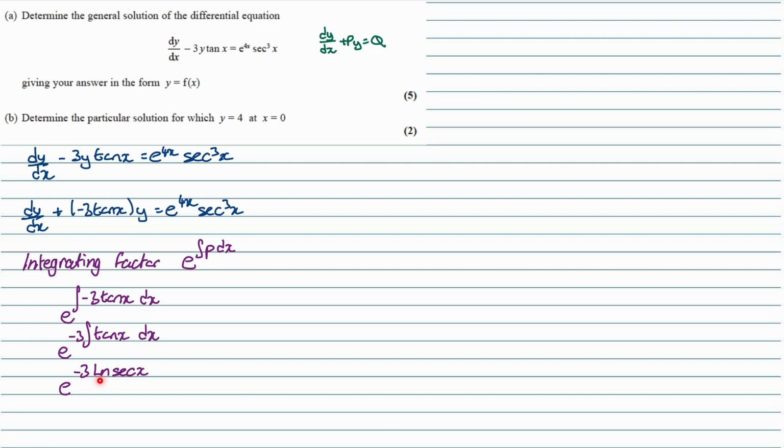And because we're dealing with logs, we can move this negative 3 to the top using the power rule. So we get the natural log of sec to the negative 3x. And now the e and the natural log will cancel. So our integrating factor becomes sec to the negative 3x.